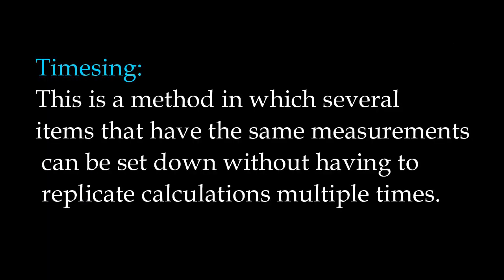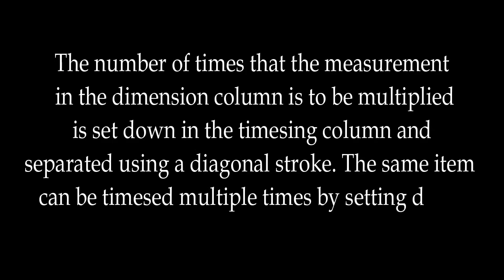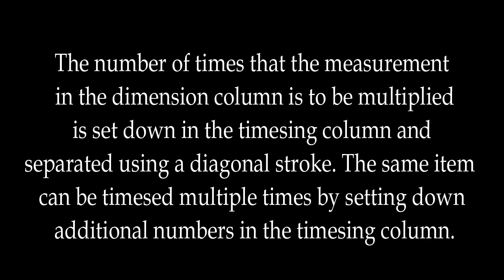Timesing. This is a method in which several items that have the same measurements can be set down without having to replicate calculations multiple times. The number of times that the measurement in the dimension column is to be multiplied is set down in the timesing column and separated using a diagonal stroke. The same item can be timesed multiple times by setting down additional numbers in the timesing column.